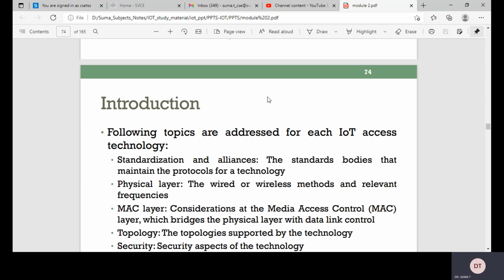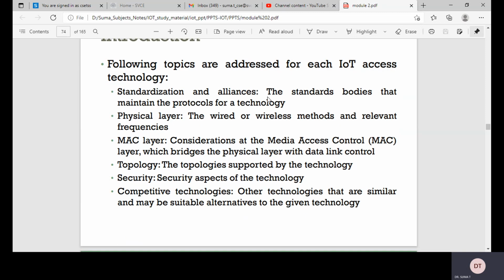Newer releases typically supersede older ones, integrating and adding features or clarifications to previous versions. While there is no alliance or promotion body for IEEE 802.15.4.